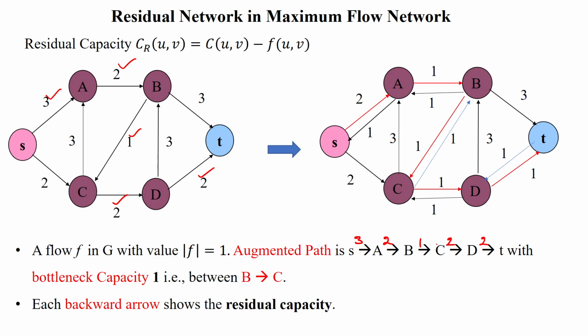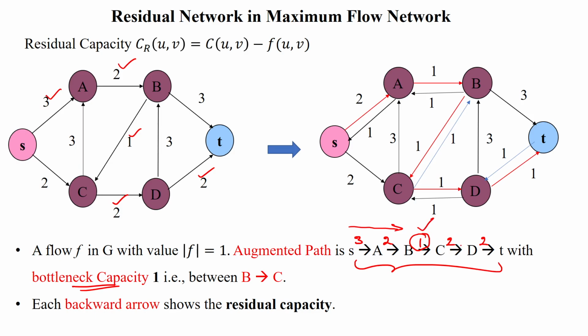Among these different capacities of the edges, the minimum edge weight is 1 among these 5 edge weights. This minimum capacity is called the bottleneck capacity, because whatever flow we carry on this path, even though it may be 2 units, it will allow only 1 unit.